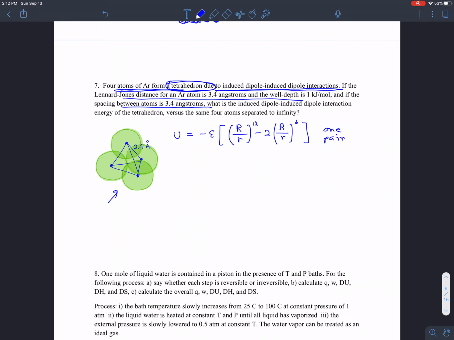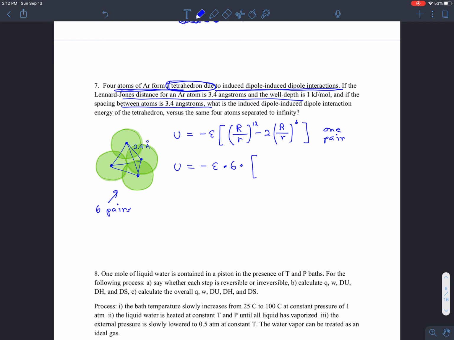We have in this case a total of 6 different pairs. Right? There's 4 atoms, and for any 4 particles, there's always 6 possible pairs. In this case, they all have the same distance, so the energy is going to be minus epsilon times 6 times all this other stuff.